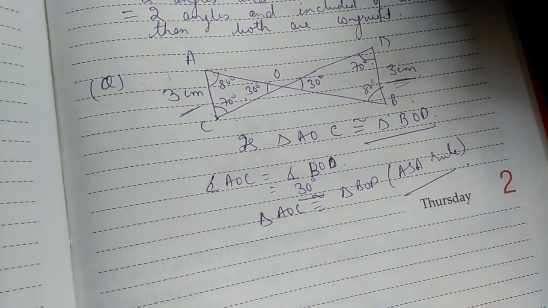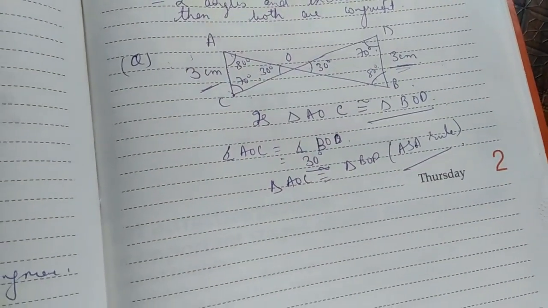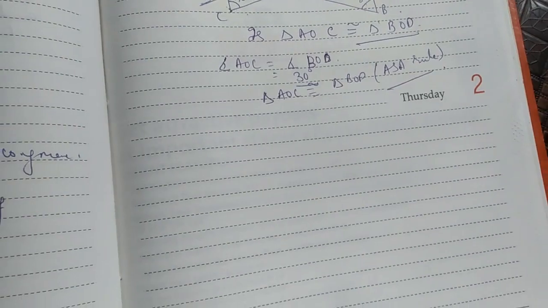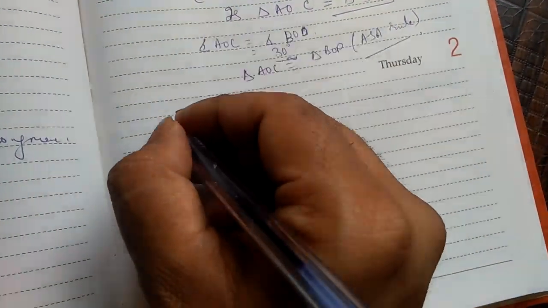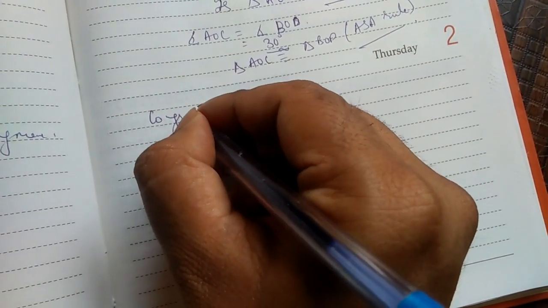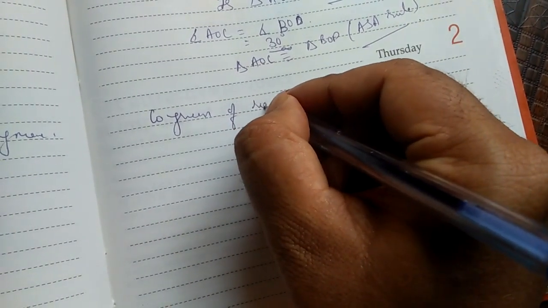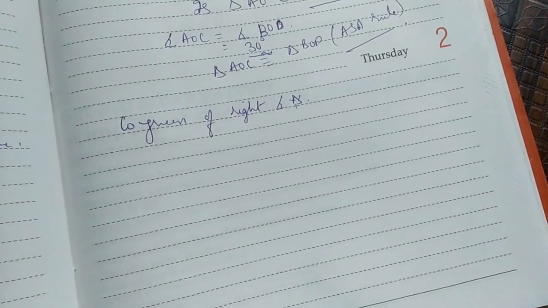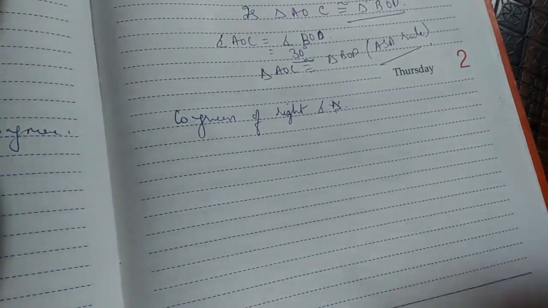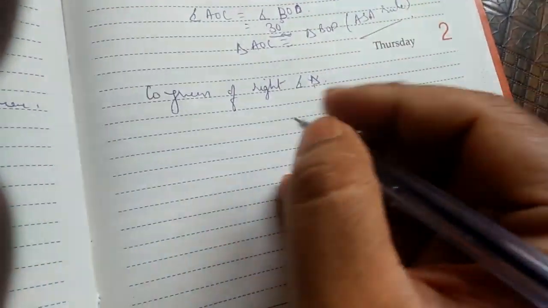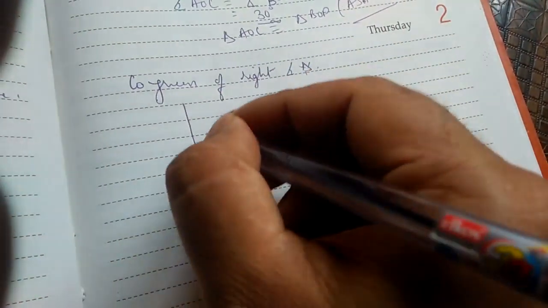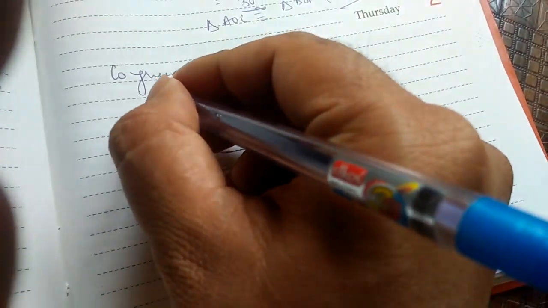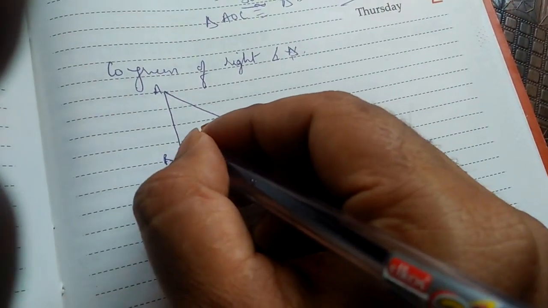Now let's move on to the next topic, which is congruence of right angled triangles. That is even simpler. So what is this criteria? In a right angle triangle ABC, this is the right angle, 90 degree.